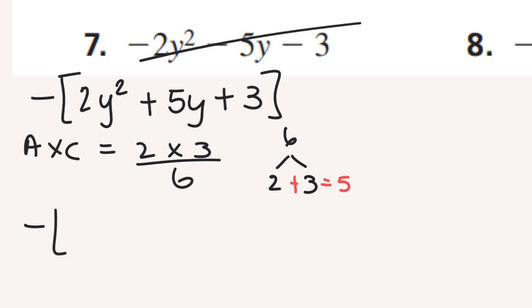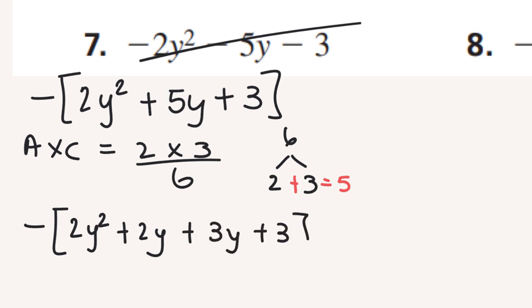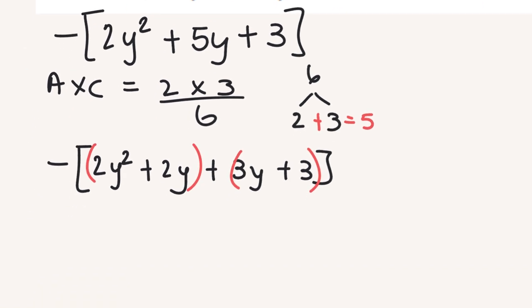I'm left with a negative bracket. So I'm left with 2y squared plus 2y plus 3y plus 3. I'm going to now separate them into my parentheses, which I'm going to have what?